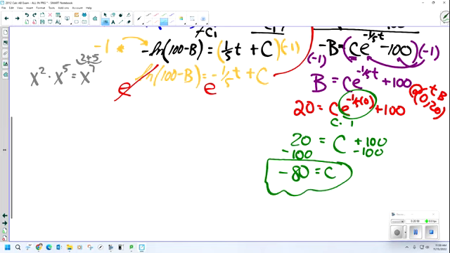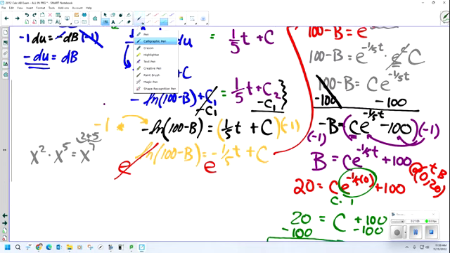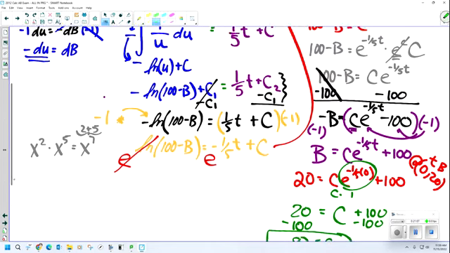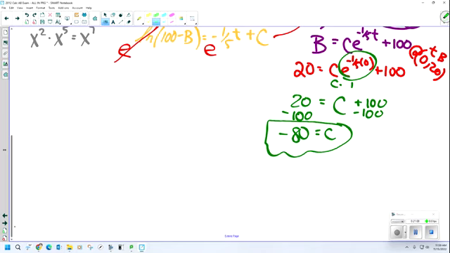Oh my goodness, we are almost done. We've just got to use our equation and put our C in. This is our equation right here. I told you we were going to be doing a lot of work. You didn't want to believe me.